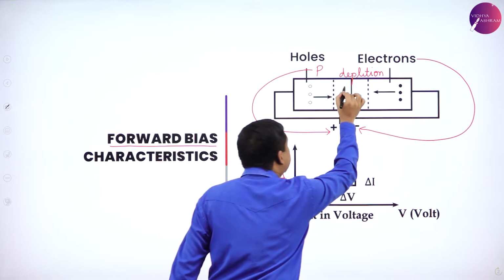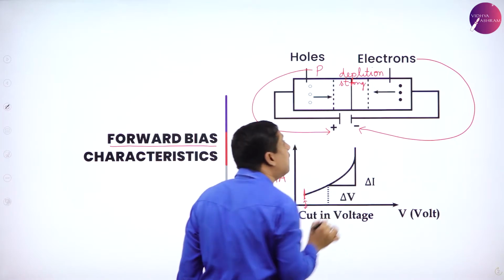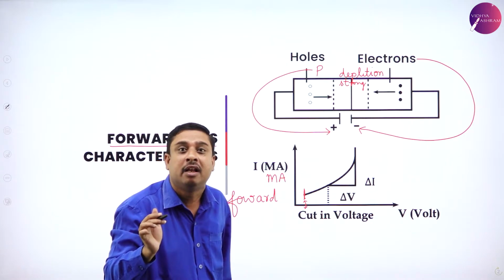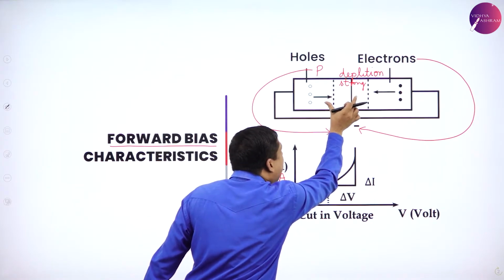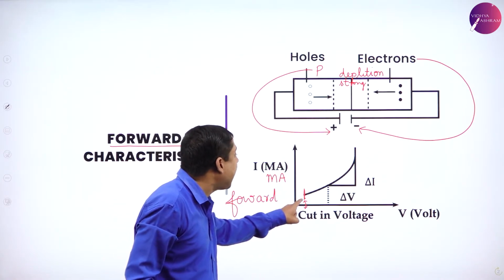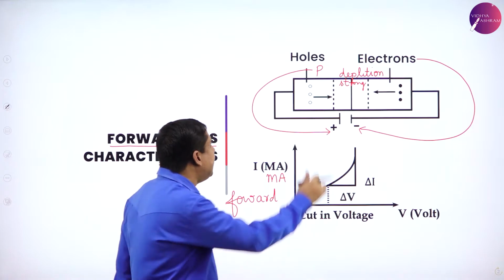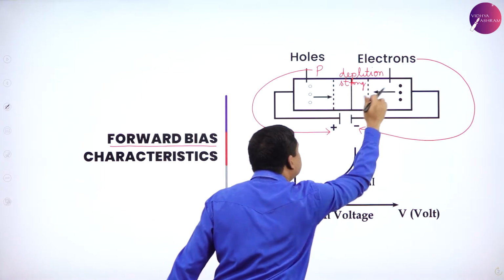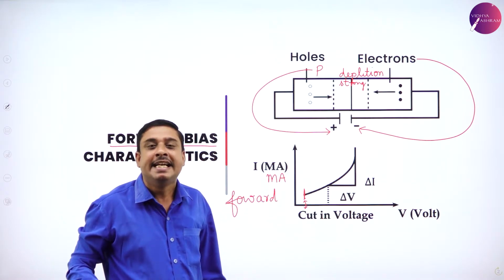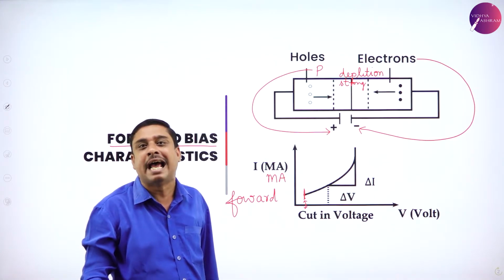That means the depletion region is still very strong. The barrier potential across this region is more than the applied voltage. So what happens? It is stopping the holes and the electrons from moving toward each other. It stops the recombination of holes and electrons.